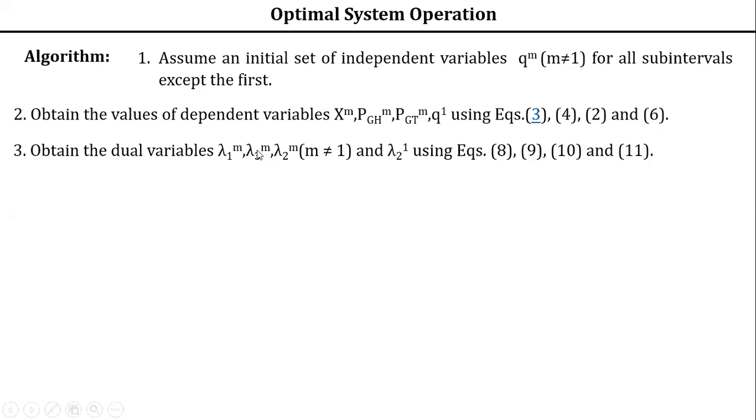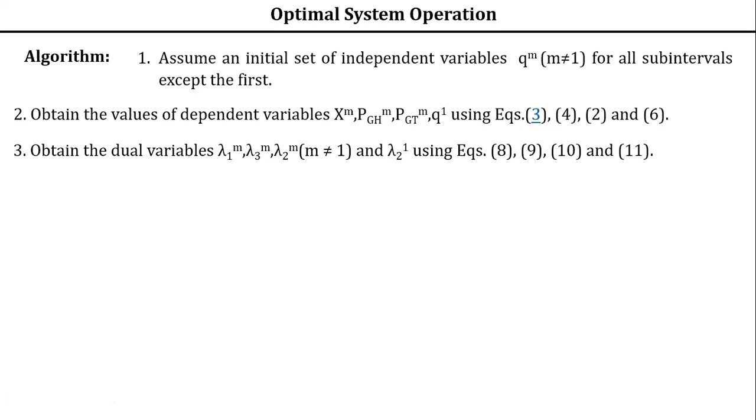Equations 8, 9, 10 are for lambda 1, lambda 3, lambda 2 respectively, but when m is equal to 1, which becomes your dependent variable, you have to use equation 11. Clear?